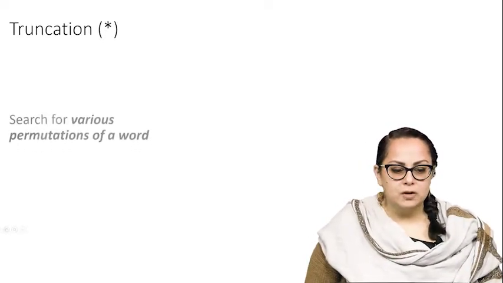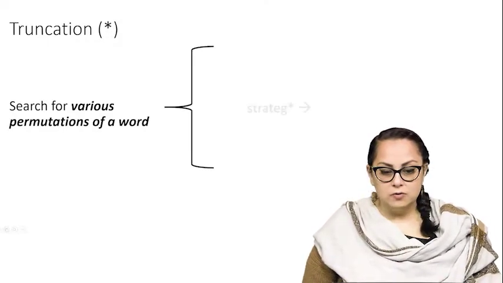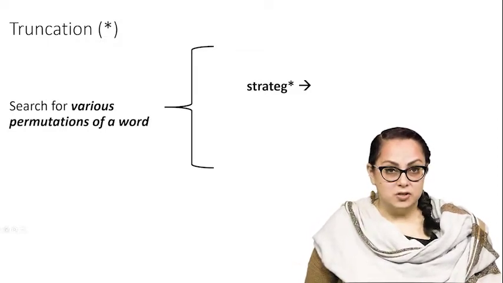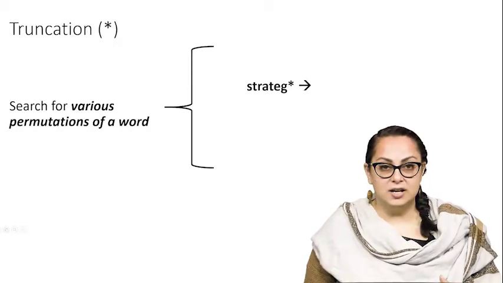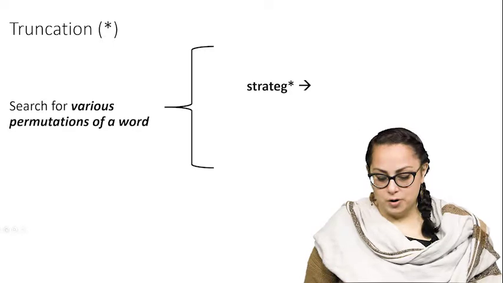The next operator is truncation. Truncation is used to search for various permutations of the word. For example, strategy might be a common term you would want to use, but you could also look for strategic or strategies, a lot of different variations of that word.